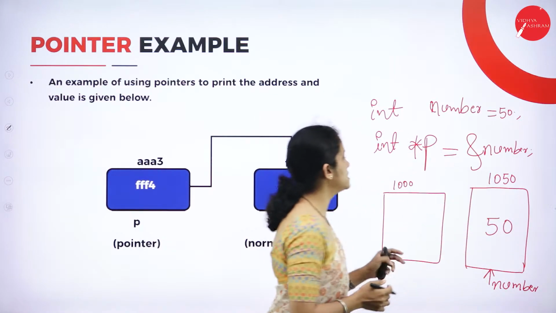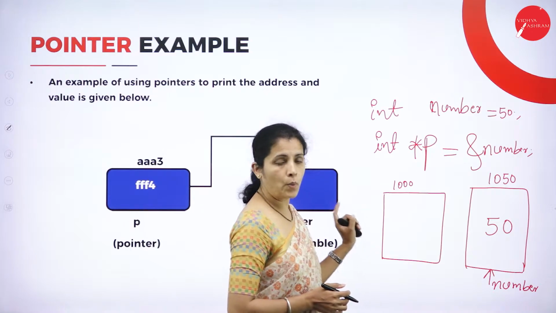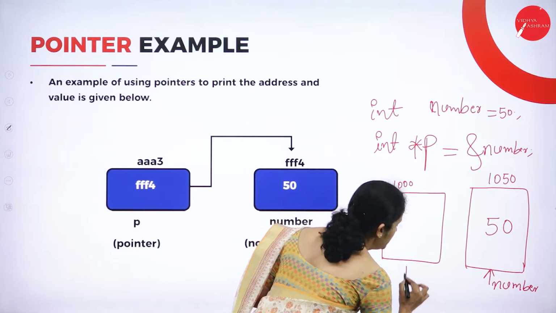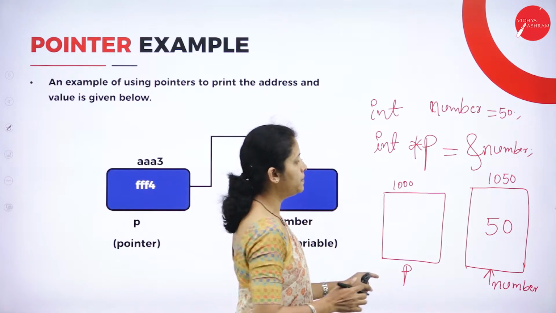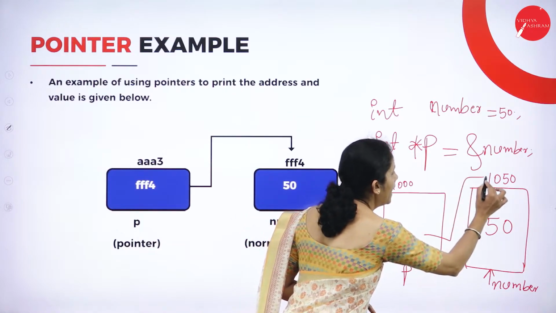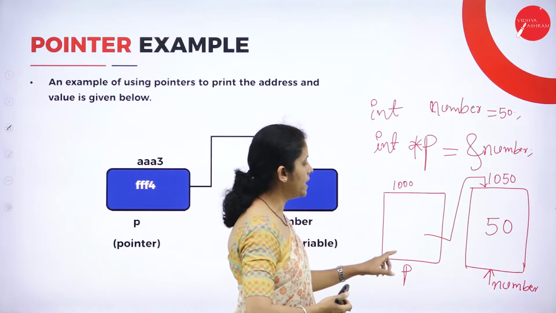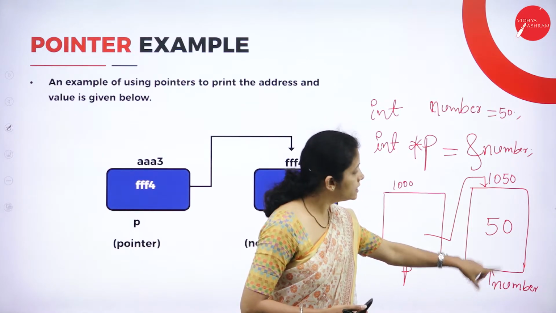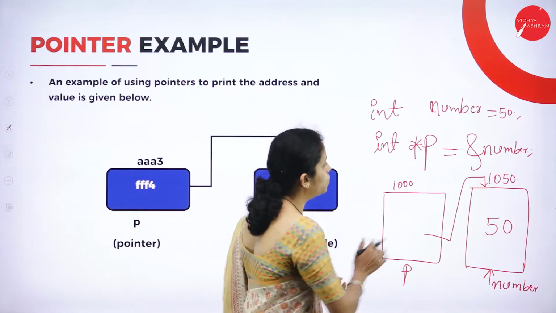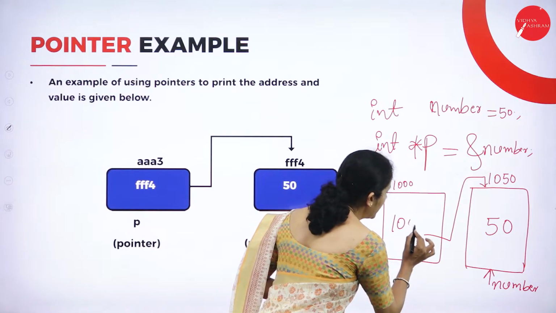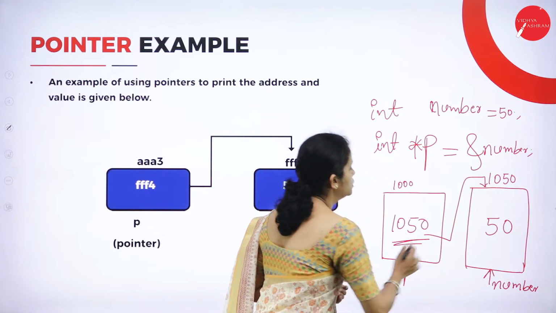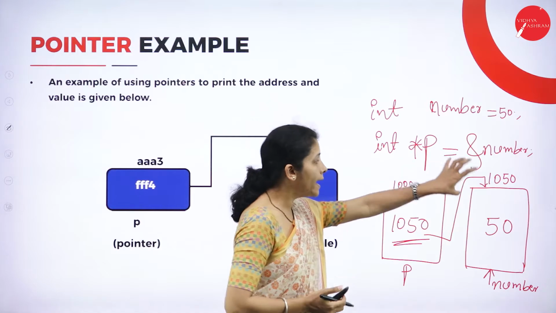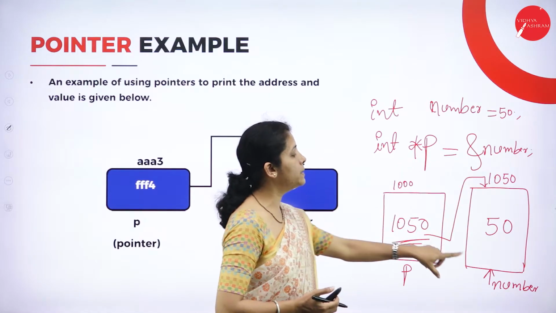Now, as I discussed, pointers are variables. So here p is a pointer and it's a variable. It holds the address of another variable. So what is my other variable here? It is number, and the pointer holds the address of the other variable. So I'm going to store the address of the variable number.